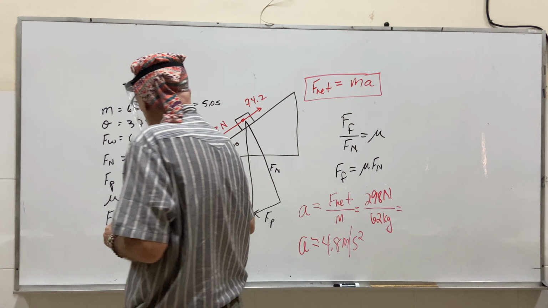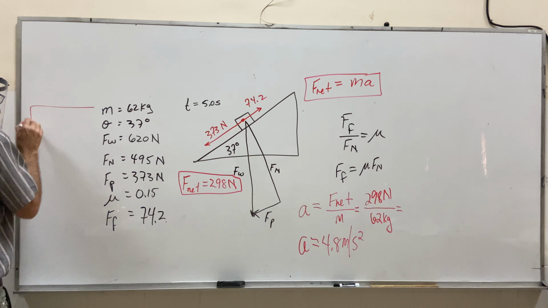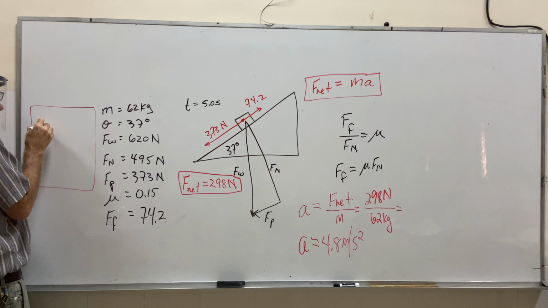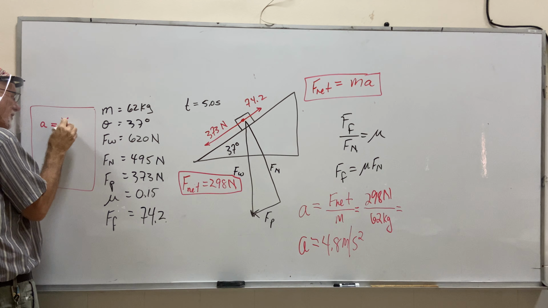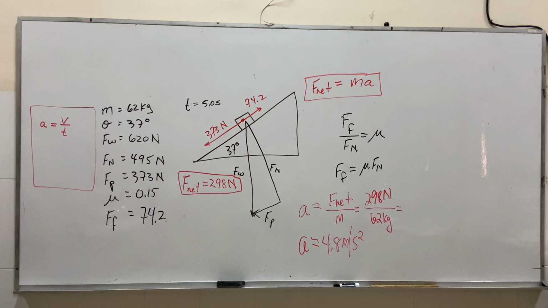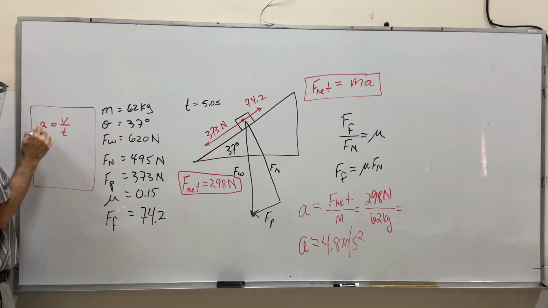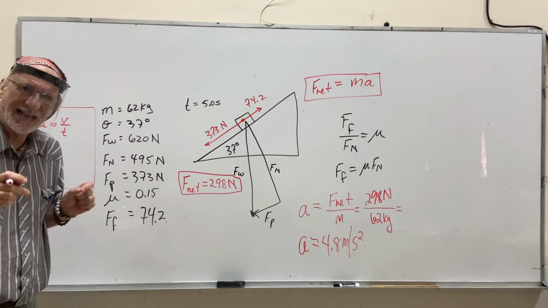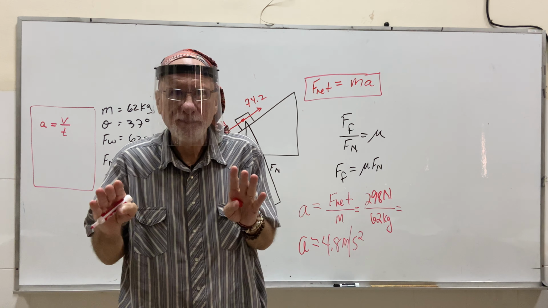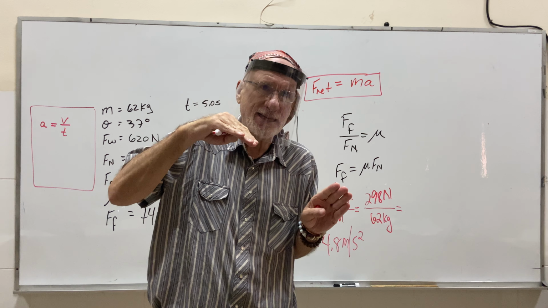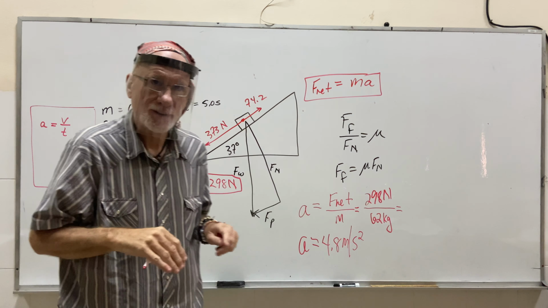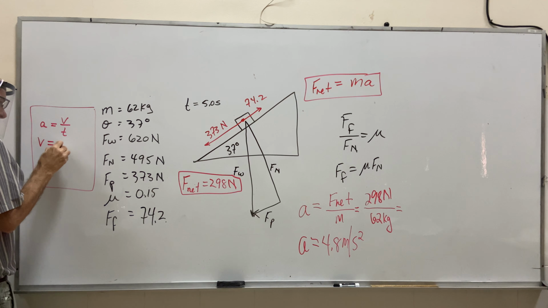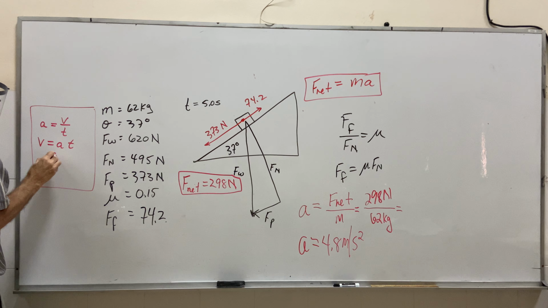Can you see this? Yes. So I know that acceleration equals velocity over time, correct? I know my acceleration and I know my time. My time is 5 seconds, because the problem asks how fast he is going from rest after 5 seconds. So velocity v equals a t.